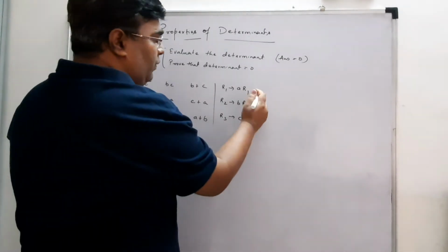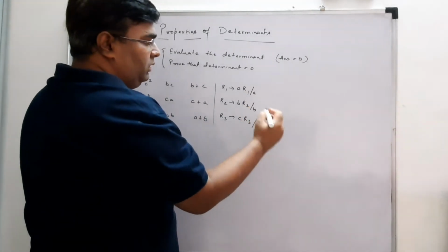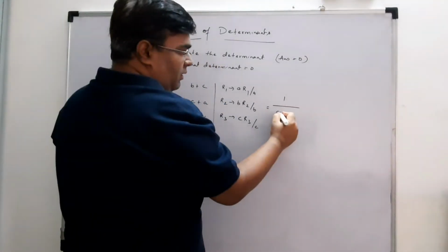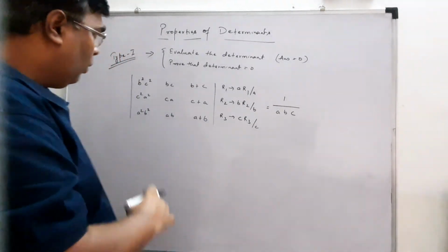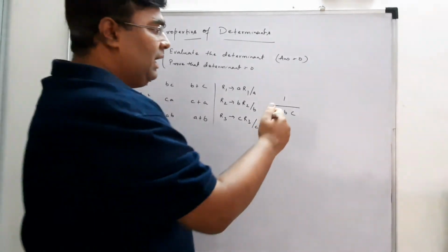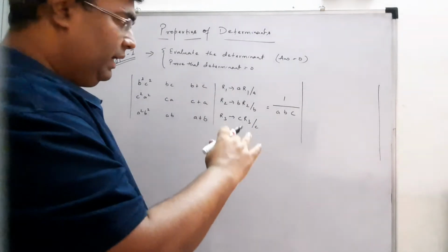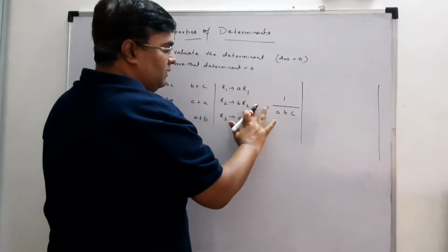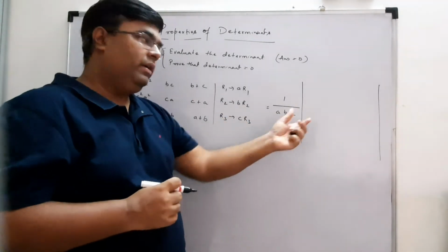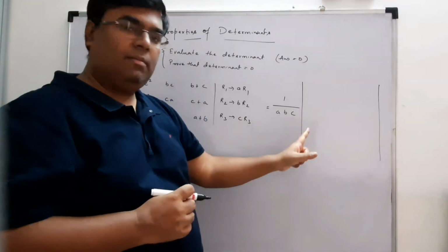So you can say AR1 by A, BR2 by B, CR3 by C. Outside I have divided the whole determinant by A, B and C, and inside I will multiply first row by A, second by B, and third by C.